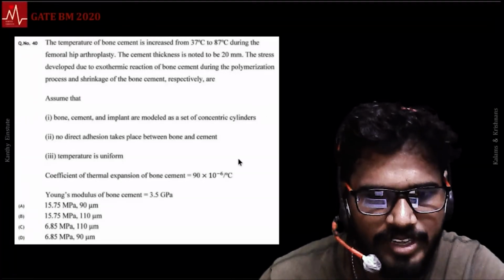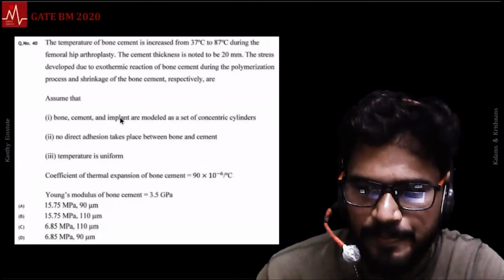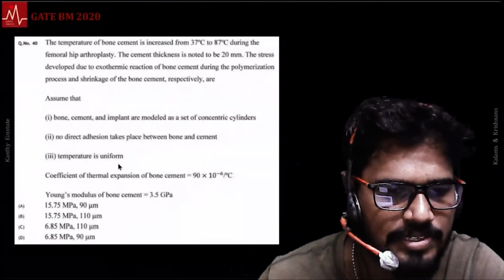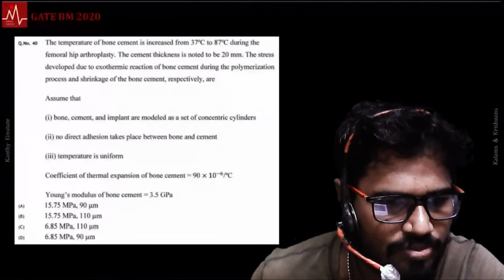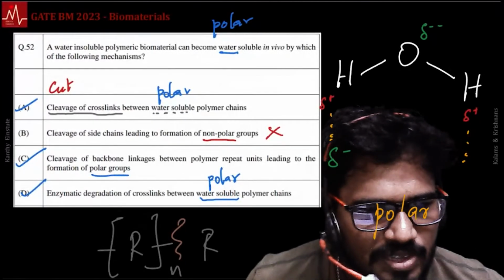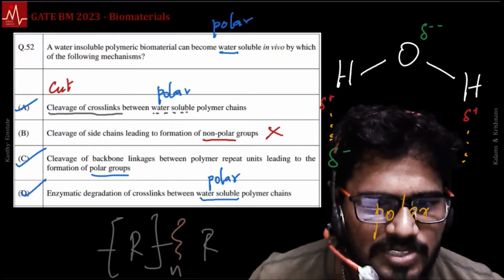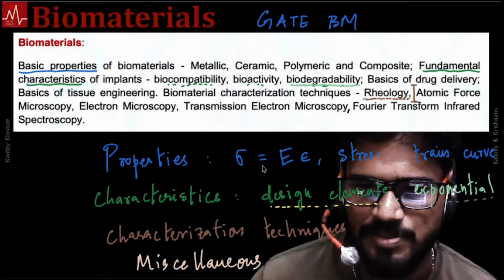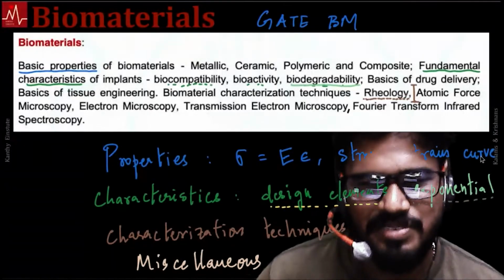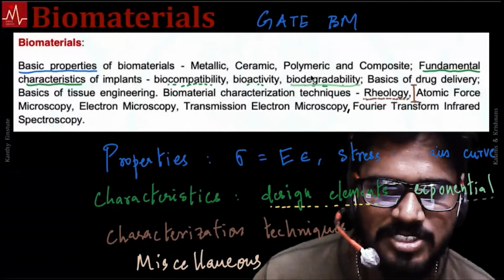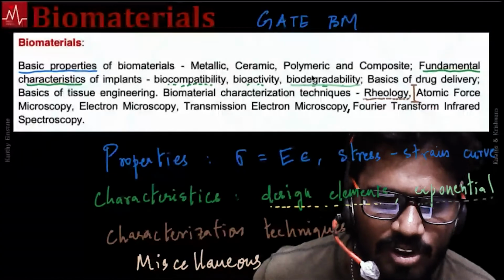You can reframe this question as a hydrogel question, so you can have numericals. That's also an example of hydrogel questions. This is coming from basic properties, sigma-epsilon stress-strain curve. There are some miscellaneous properties. Notice polymer, specifically interaction with water and all that gets interesting.